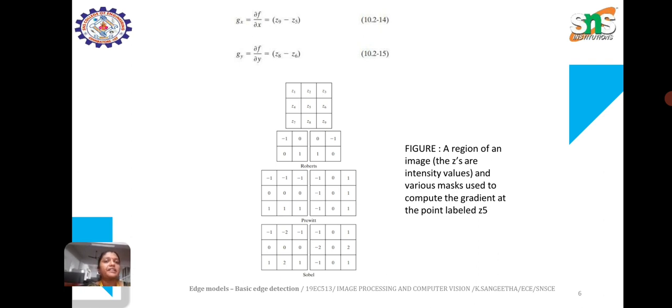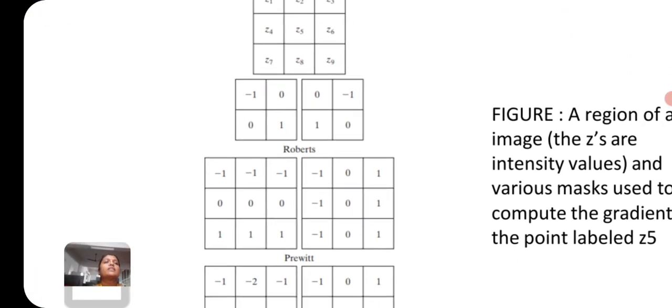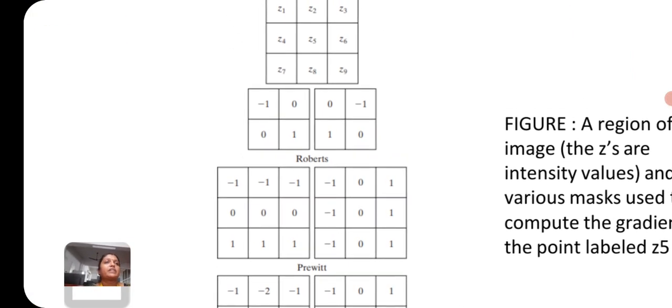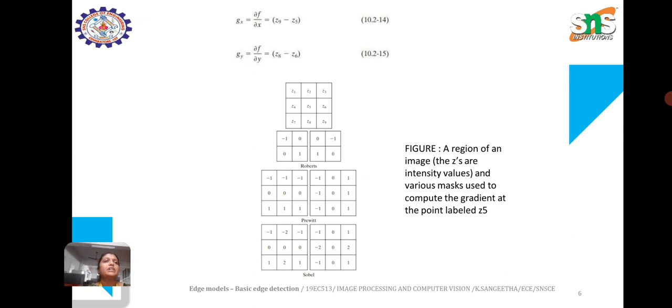For the horizontal gradient, the values are in the first row -1 0 1, the second row -2 0 2, and the third row -1 0 1. For the vertical gradient, -1 -2 -1 in the first row, all the values are 0 in the second row, and in the third row 1 2 1. The magnitude of the gradient at each pixel is computed: Z is equal to the root of gx squared plus gy squared.